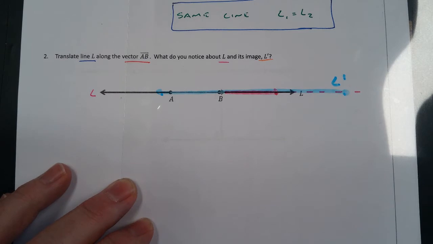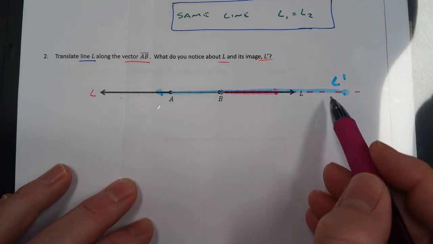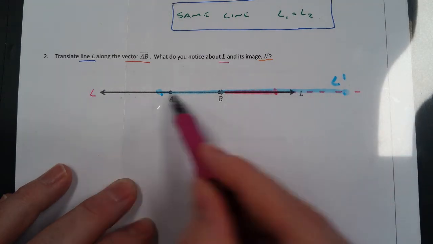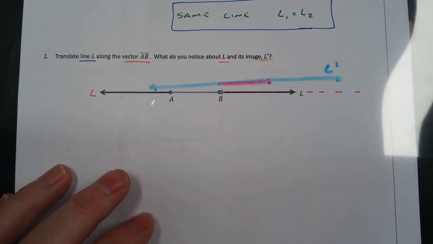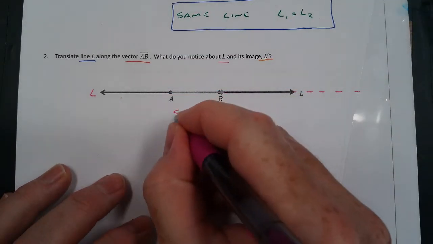What do you notice, like the question asks, about L and L prime? You should have noticed that this is the same line. L, the black line, and blue, the translated line, are the same line.